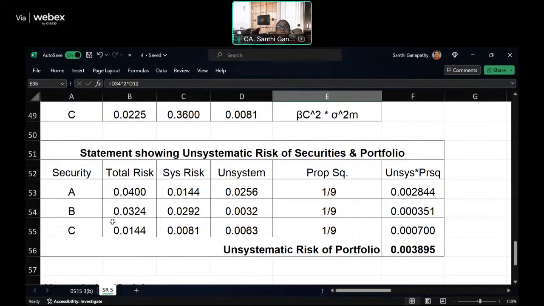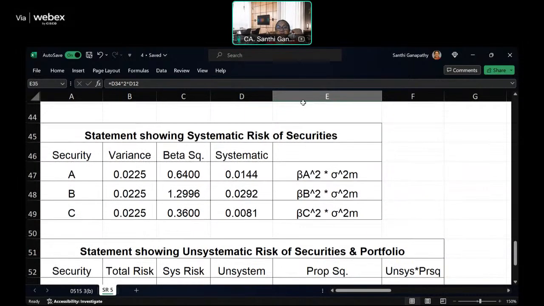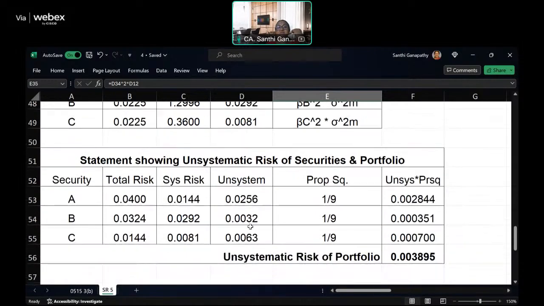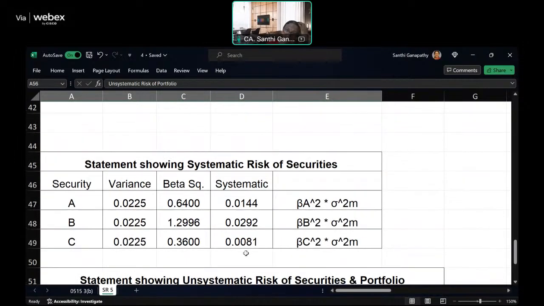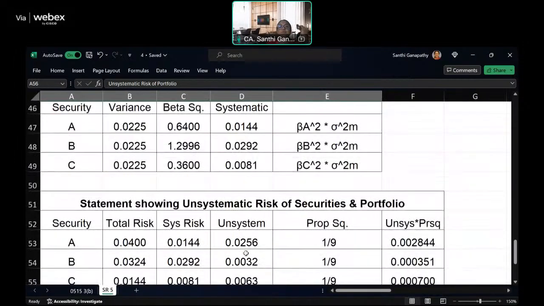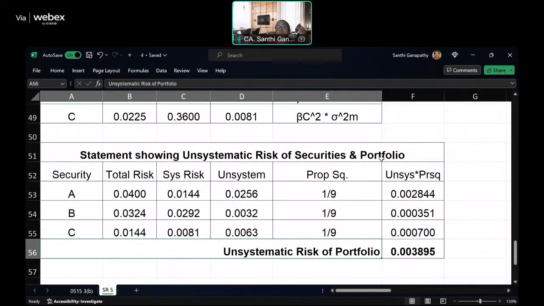For each security, what is the total risk? Deduct the systematic risk, get the unsystematic risk. We are operating with variance here, and therefore proportion also, weight also you square, multiply, add.